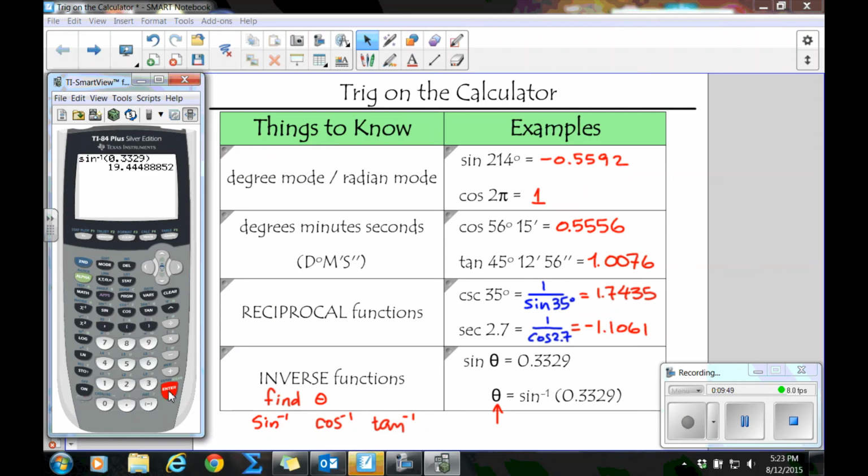This is going to get good because I'm going to ask you to write this answer in degrees, minutes, and seconds. So the whole number tells me the degrees. Subtract off that whole number. The remaining decimal is a fraction of a degree. Multiply it by 60.